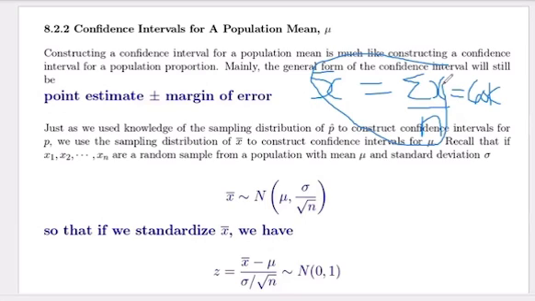Which means the sampling distribution gives us an opportunity to see how a statistic can fluctuate.